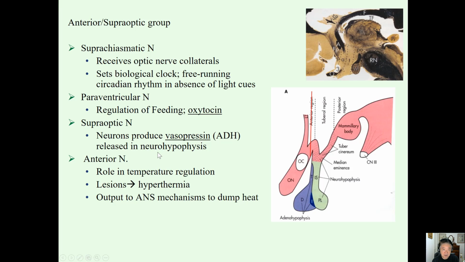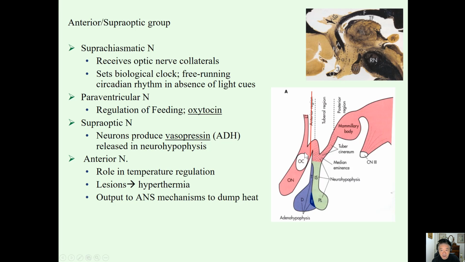Now here you have your supraoptic group, or the anterior region, as we have seen in these two slides before. Now we move a level more posteriorly to the previous section. We cut through this region, and now we see the structures through the anterior region.